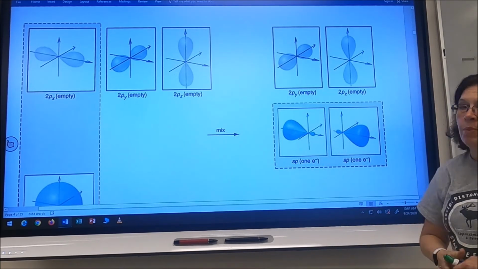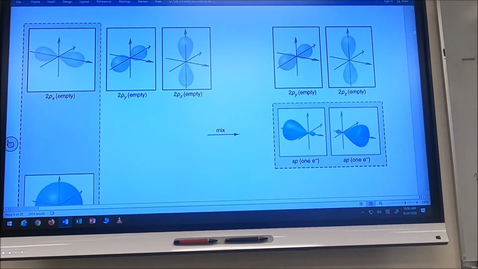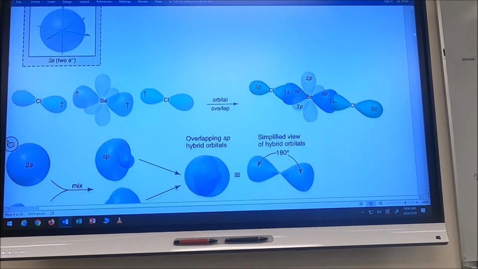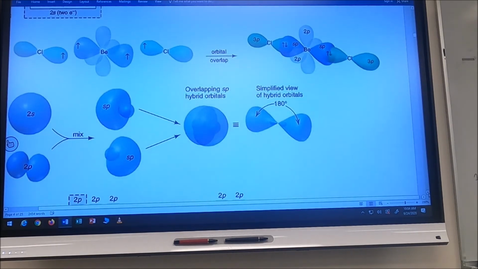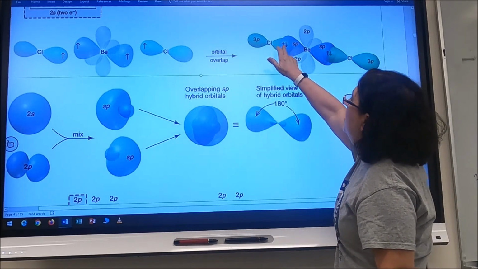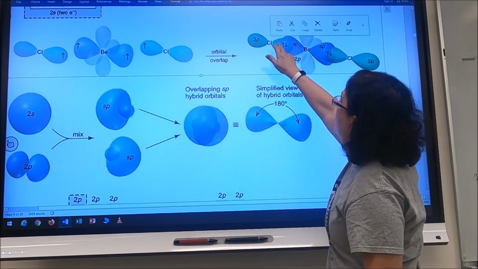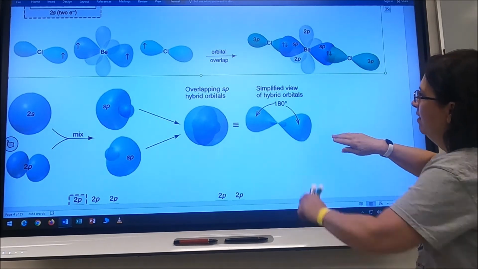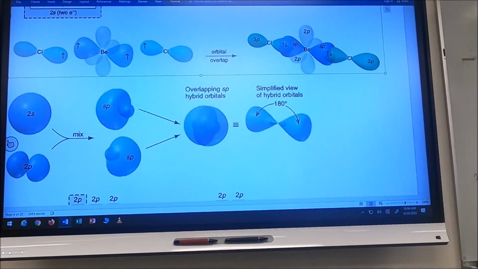Each one of these sp has one electron in it. So there's more pictures. Okay, you can see that sp here, and the chlorine, because it's not a central atom, just uses its 3p orbital. Okay. 180 degrees apart from each other.